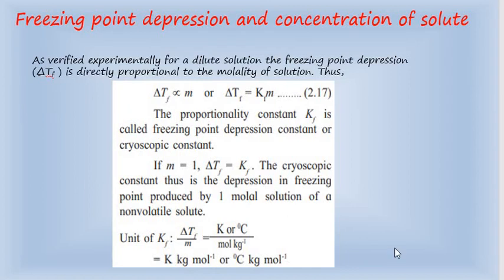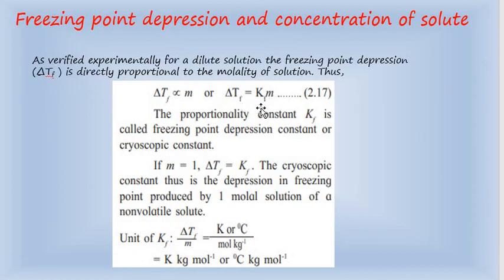Now again, according to experiments, freezing point depression is directly proportional to the molality of the solution, which is equal to delta Tf directly proportional to molality, or we can say delta Tf is equal to Kf multiplied by molality.